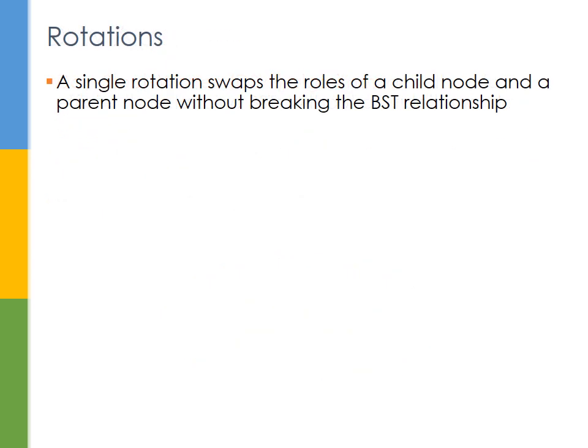A single tree rotation swaps the roles of a child node and parent node, but very importantly, it does this without breaking the binary search tree relationship. So in other words, after a rotation, we will still have a situation where all of the values stored in the right branch of a node will be values that are larger than the value that node contains, and all values to the left of that node will be values that are smaller than the value that node contains.